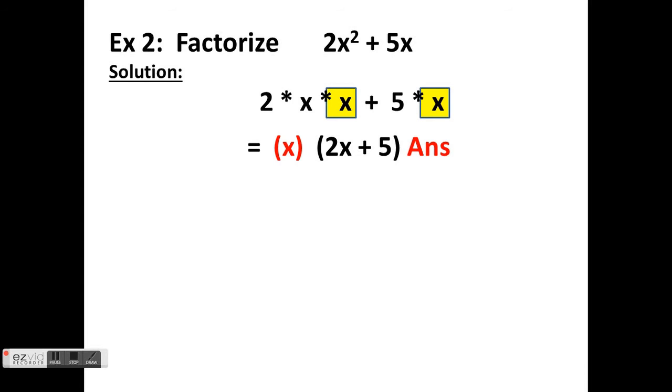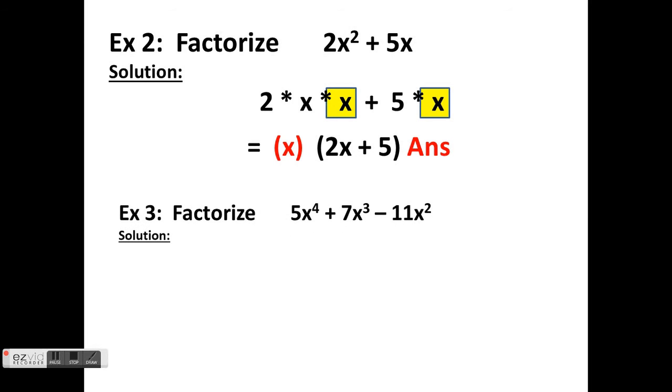Example 3, factorize 5x to the power 4 plus 7x cube minus 11x square. We will split each term: 5 into x into x into x into x.